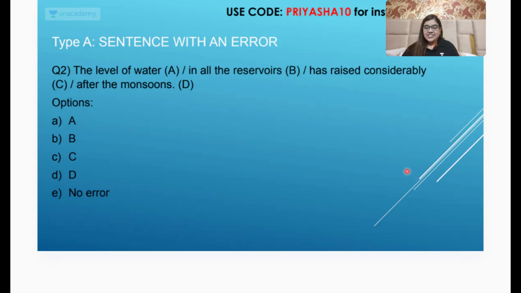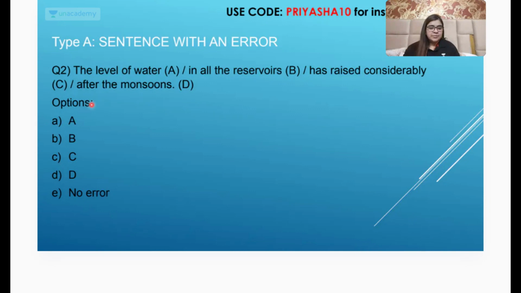Tanya says it should be "have raised." Take reservoirs into consideration, Tanya. The most important thing you need to focus on is the subject-verb agreement.